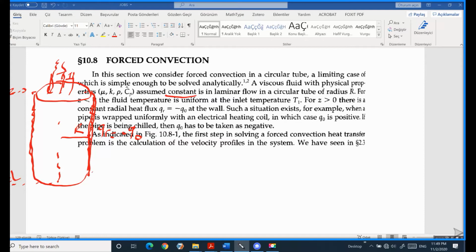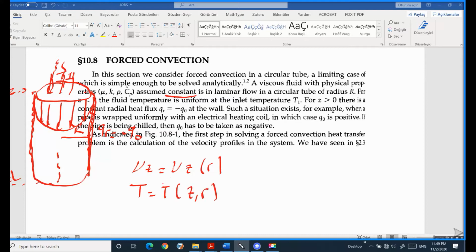If you remember, before we solved this for the velocity profile. You obtained a parabolic velocity distribution. Our Vz was a function of r, which we obtained before. Now this is asking for the temperature as a function of z and r.